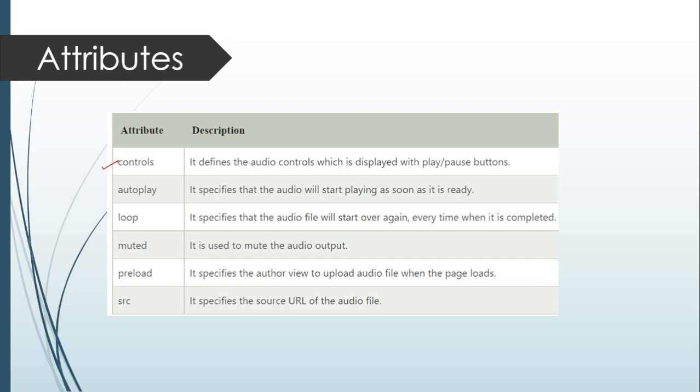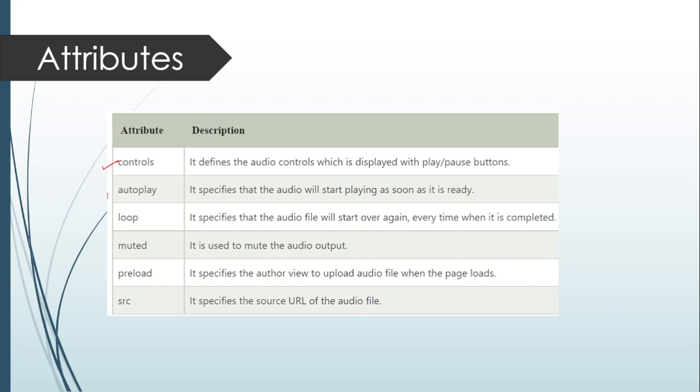So if you want to add a play button and a pause button to your added audio, you can use the controls attribute. I will tell you everything practically: how you can use these attributes, how you can add music, and how you can run the music on a web page. We will discuss everything practically in this particular lecture.